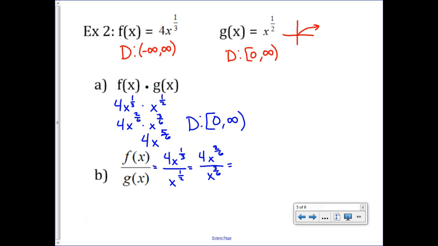So we have 4x to the negative 1/6, or 4 over x to the 1/6. Well, not only can we not have anything smaller than 0, but now we can't put 0 in the denominator because we would divide by 0. So our domain of this function would be everything from 0 to infinity, but we can't include 0.